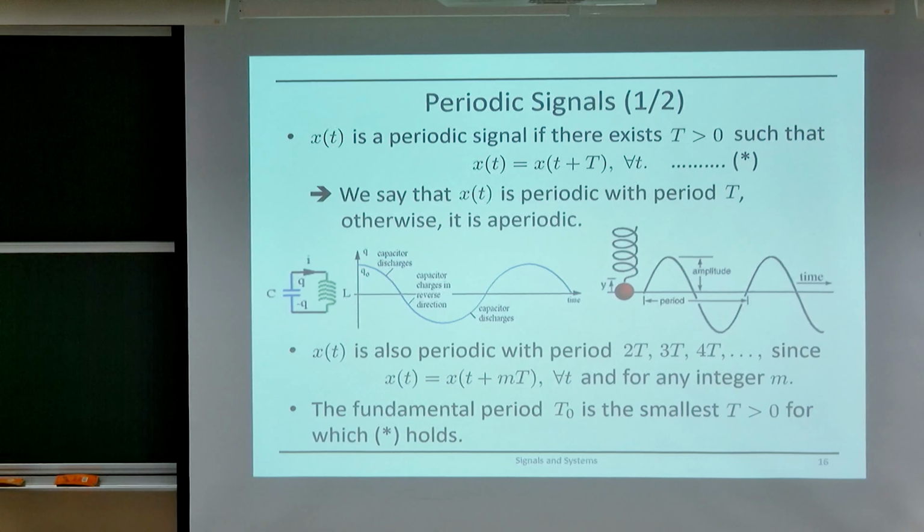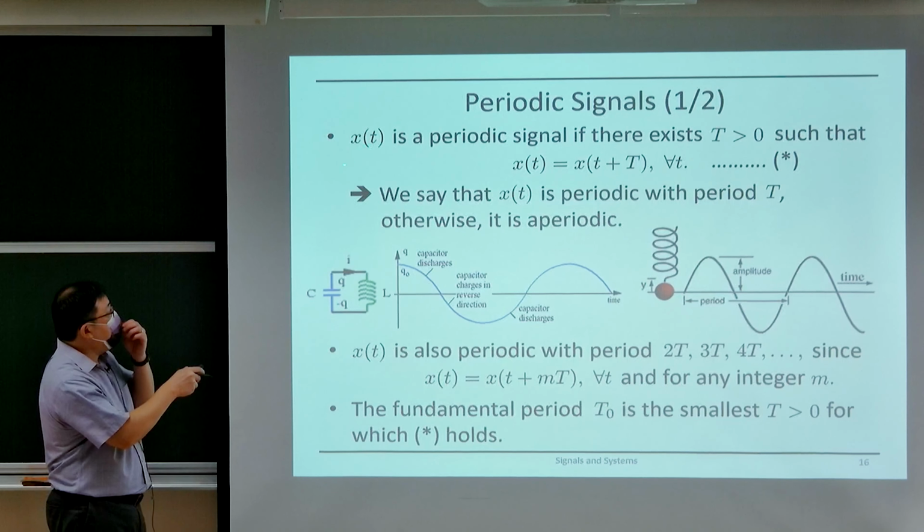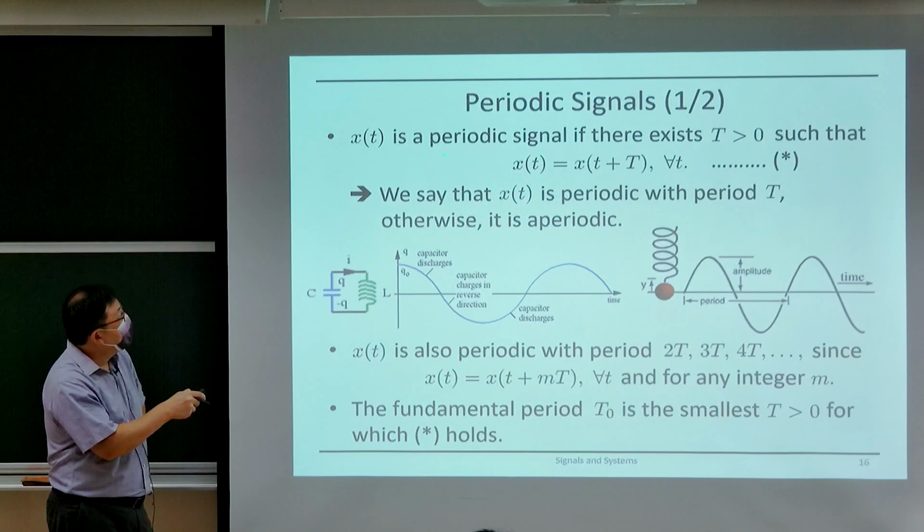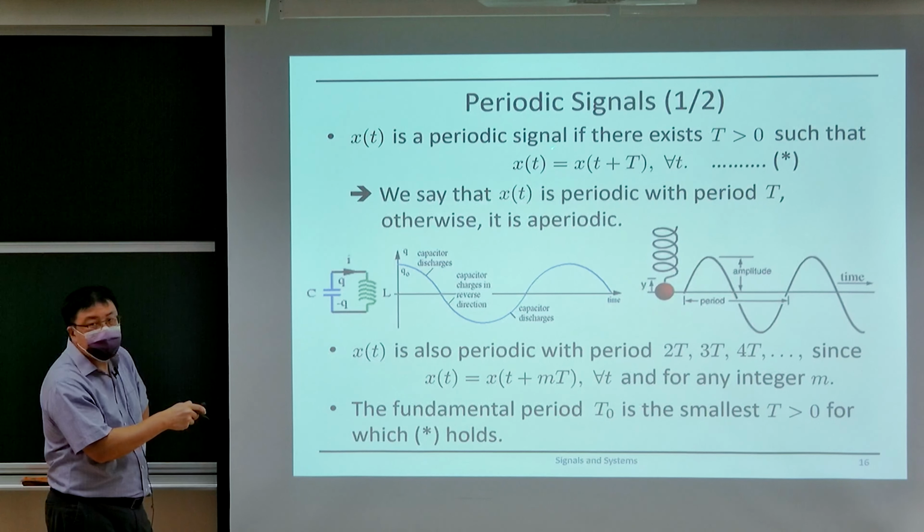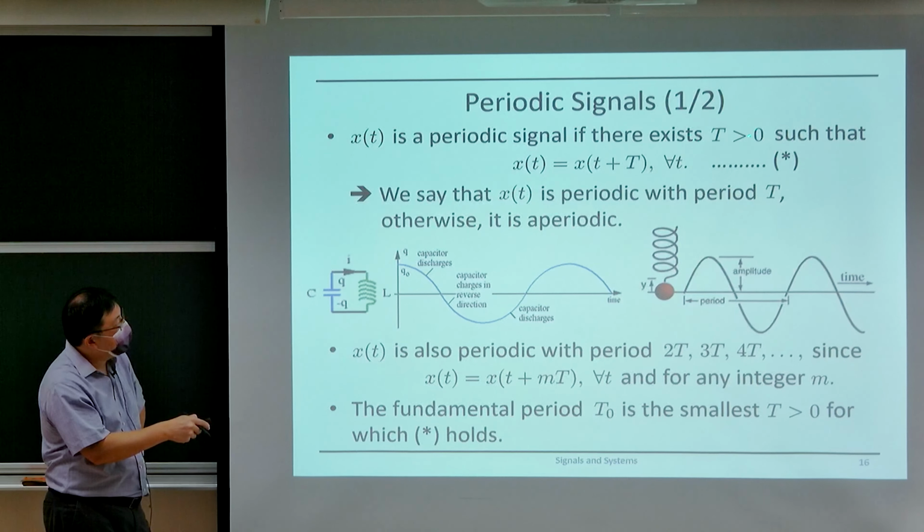So mathematically, we say that x of t is a periodic signal if there exists some time capital T greater than 0 such that x of t is equal to x of t plus capital T for all t.